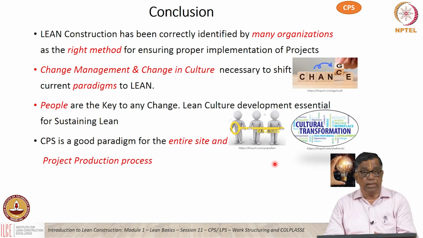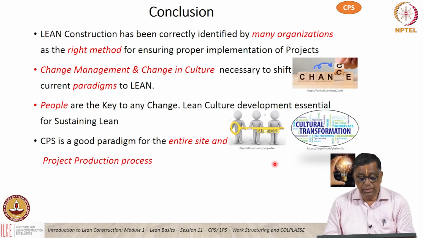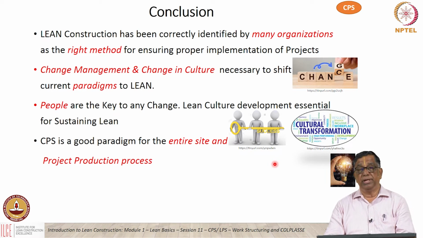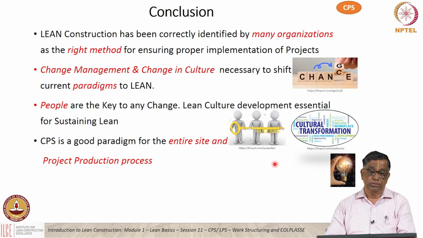So looking at the whole thing in conclusion, lean construction has been correctly identified all over the world, and also in India, by many organizations as the right method for ensuring proper implementation of projects. As I said, one of the biggest bugbears of construction is the high uncertainty levels, the lack of reliability, the lack of predictability.